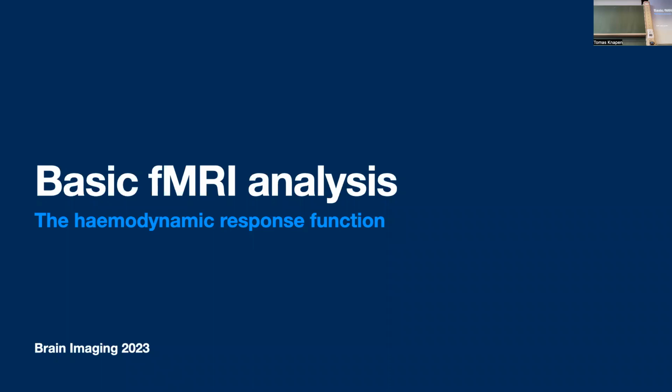So the idea is that by the end of next week, you'll have a basic idea of how to interpret and read and understand most of the literature that was published until around 2012. So the remainder of the course after next week will be to show you how fMRI has evolved since then.